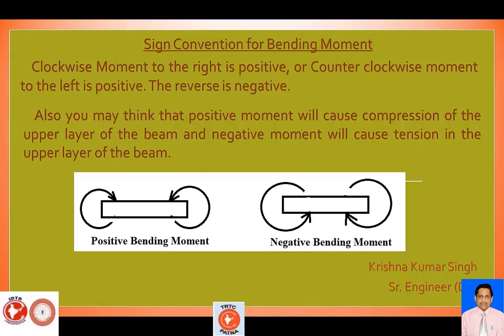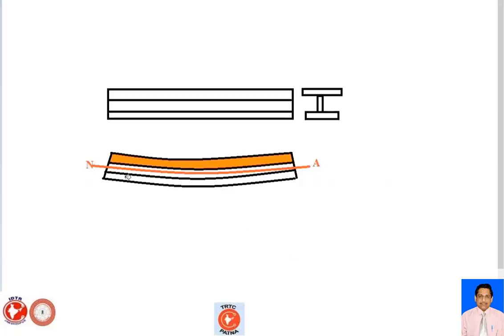Also, you may think that a positive moment will cause compression of the upper layer of the beam, and a negative moment will cause tension in the upper layer of the beam. So this is your positive. The second thing: suppose you apply the force from downward to upward, and the beam looks like this after applying the load in this manner.